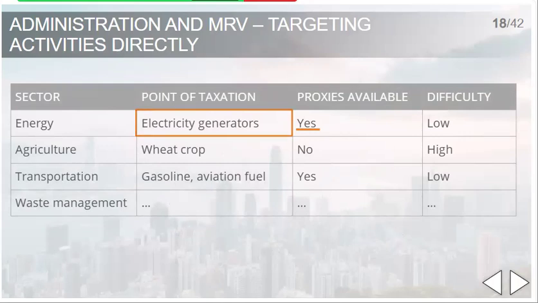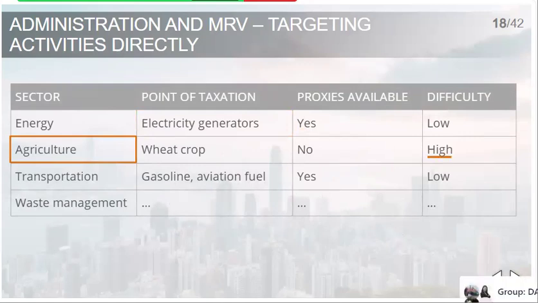In those sectors where reliable proxies and emissions factors do not exist, like agriculture and land use change, monitoring emissions can be especially challenging. The ability and level of efforts needed to monitor emissions meaningfully in a given sector can therefore be a key consideration in determining sectoral scope.